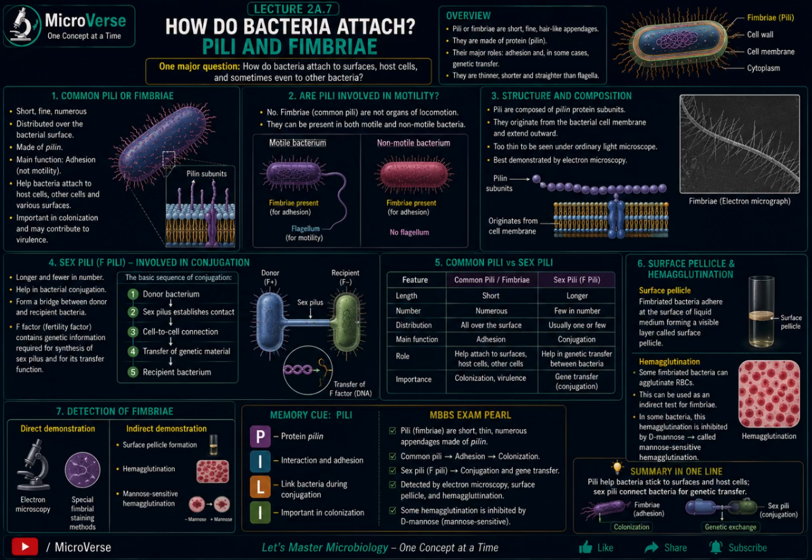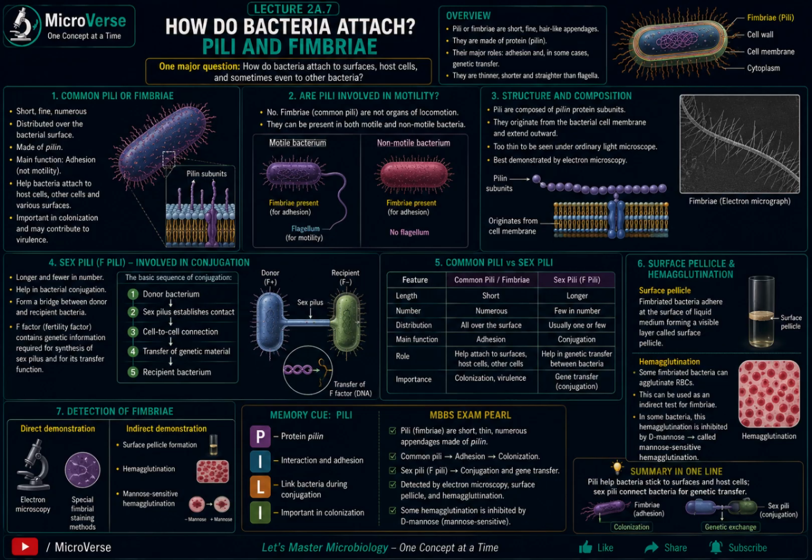The next is hemagglutination. Some fimbriated bacteria can attach to red blood cells and produce hemagglutination. This property can be used as an indirect method for detecting certain fimbriae. An important point is that certain fimbriae show mannose sensitive hemagglutination. In certain bacteria, the hemagglutination caused by fimbrial adhesion can be inhibited by D-mannose.